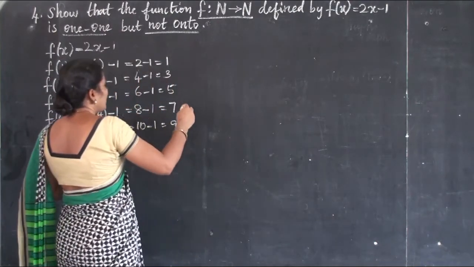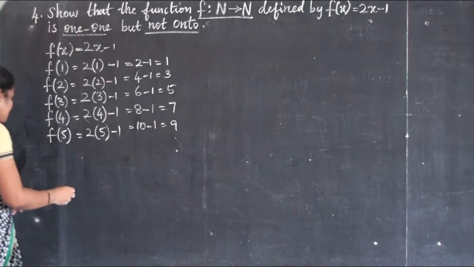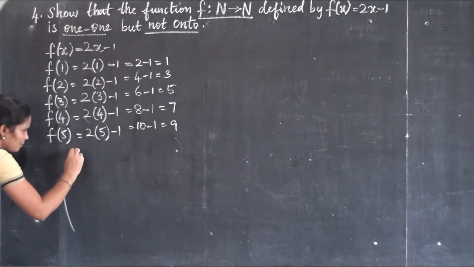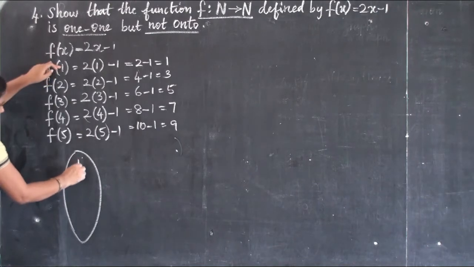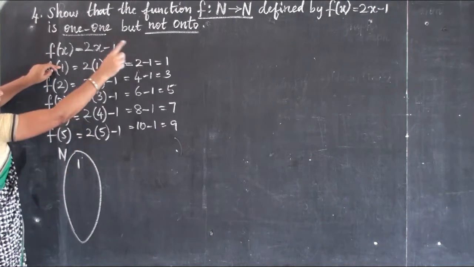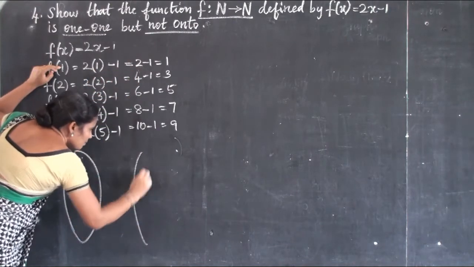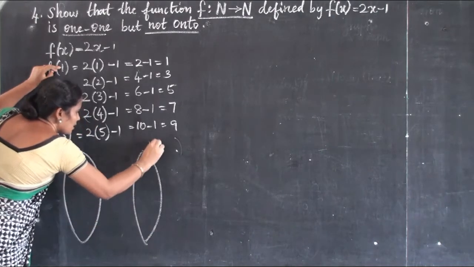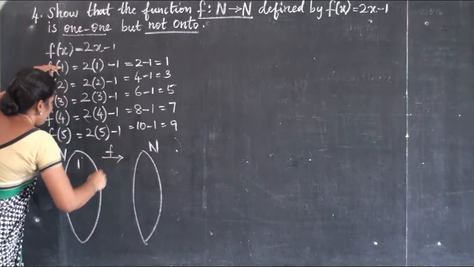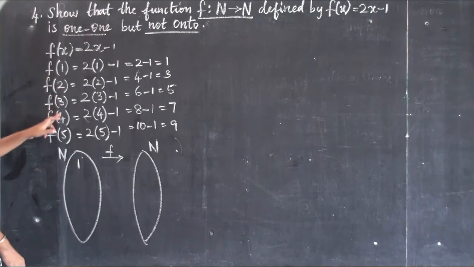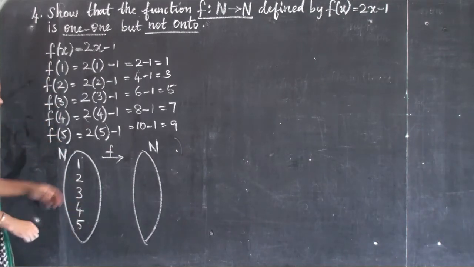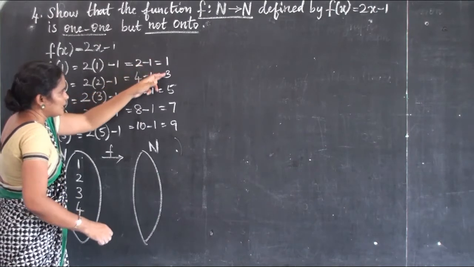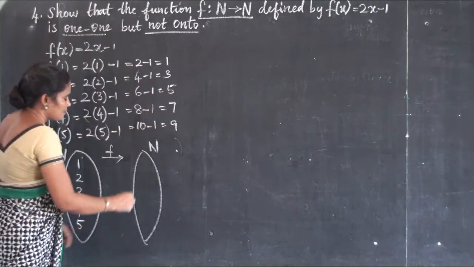Now by using an arrow diagram it will be very clear to understand. Taking 1 as a natural number, N to N, both sets will be N. So write 1, 2, 3, 4, 5 on one side and 1, 3, 5, 7, 9 on the other.